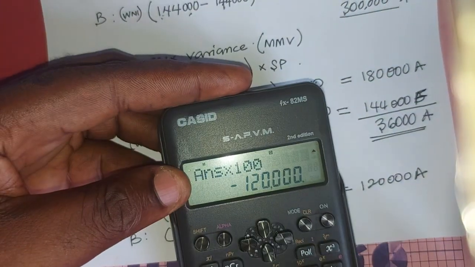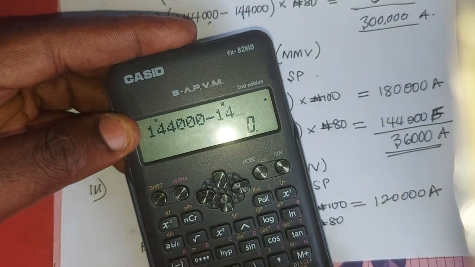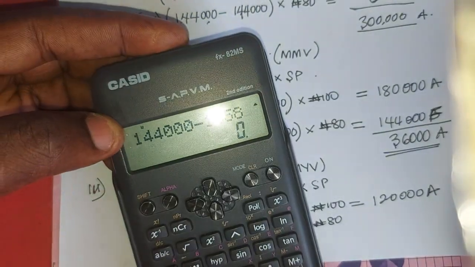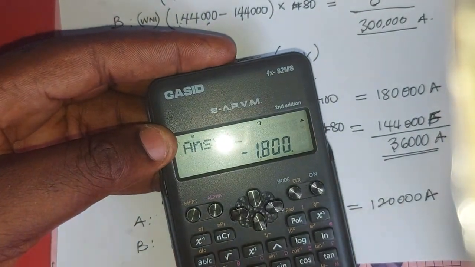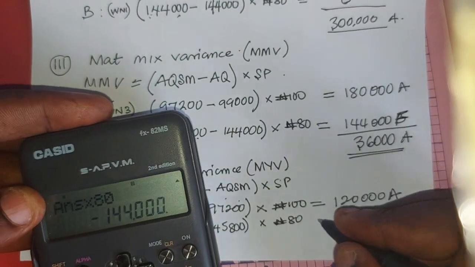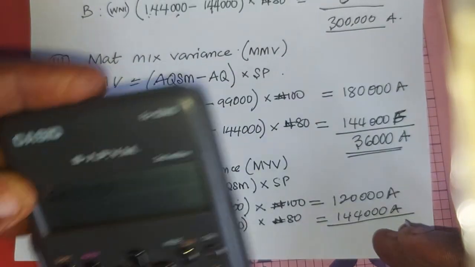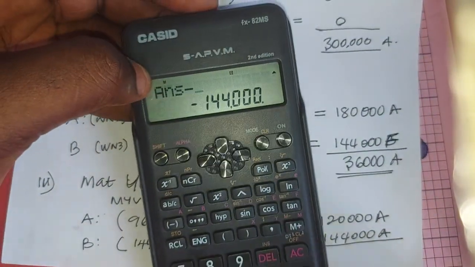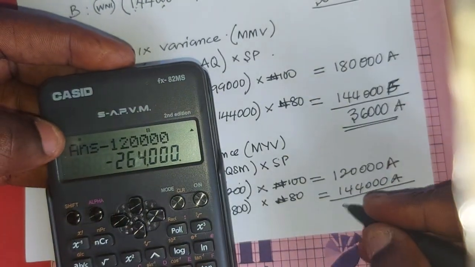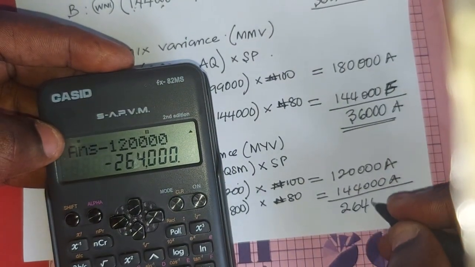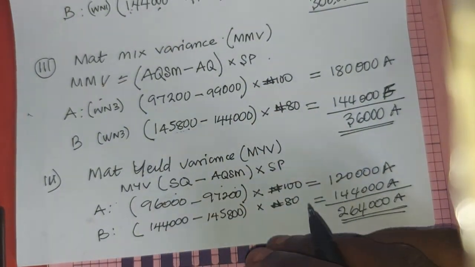Then we also have 144,000 minus 148,500, then multiply by 80. The answer is negative. That's adverse. So when you add these two together, that's minus 120,000. So it will give us 264,000 adverse.